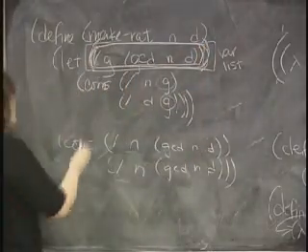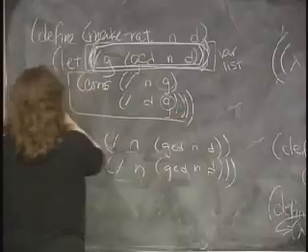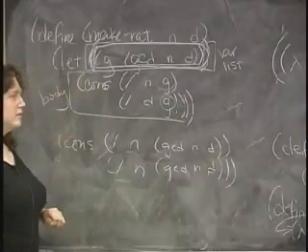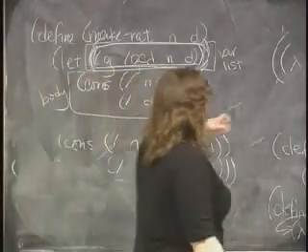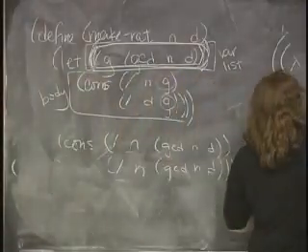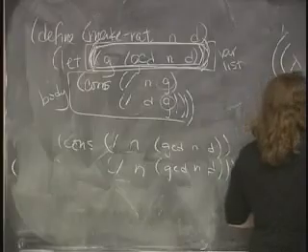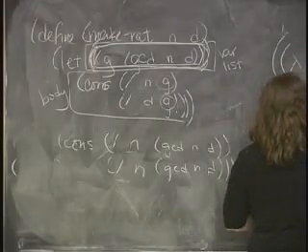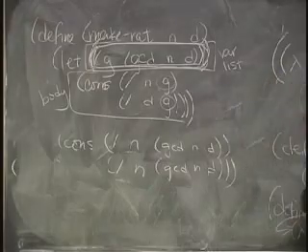That's the variable list. Here's the variable and what's going to get substituted in for it. And here's the body.